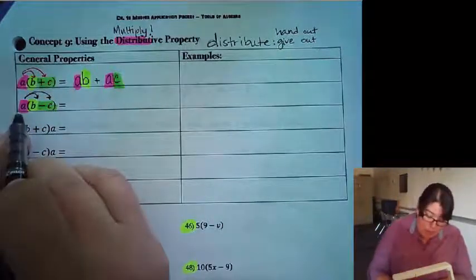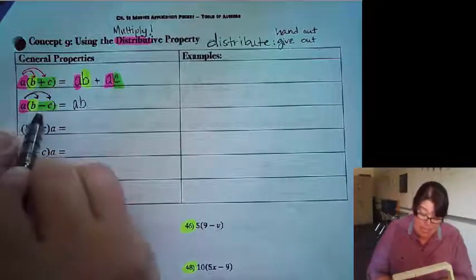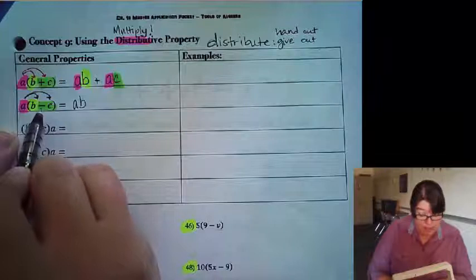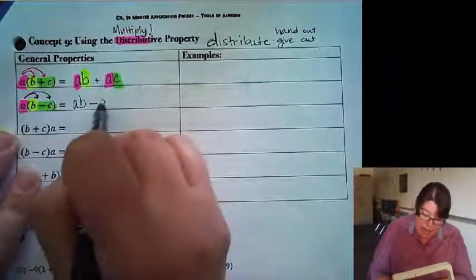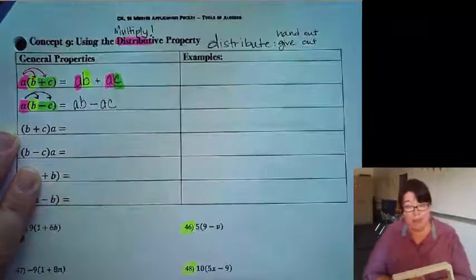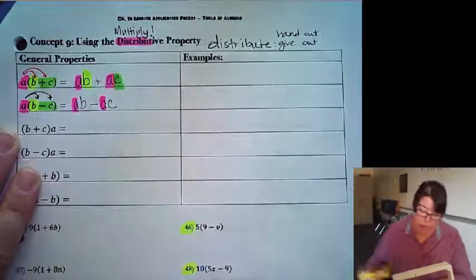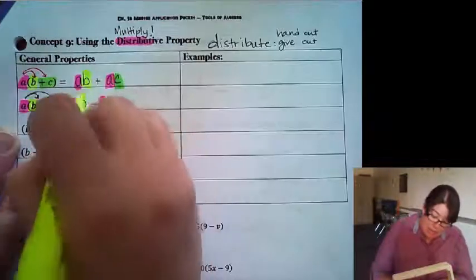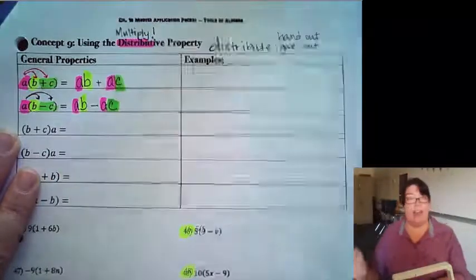So positive times a positive is positive AB. Positive times a negative, because now this is negative, positive times a negative is a negative AC. Okay? So again, A is still there in all the parts, and now B is still there, and C is still there, and everybody's happy.